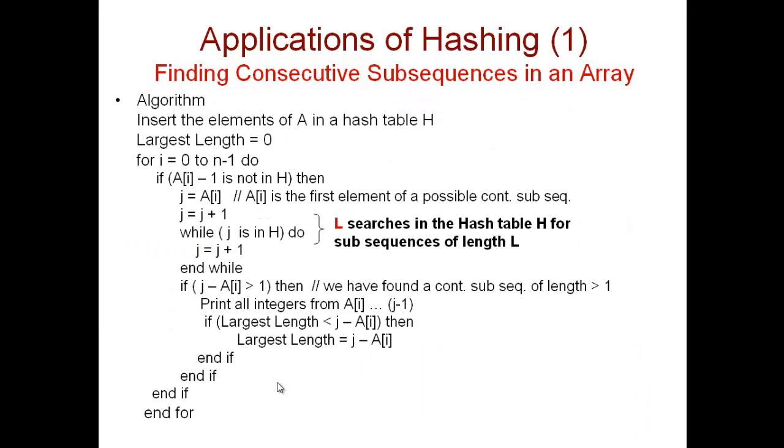So since 35 is there, 36 cannot be the first element, so we don't process anything further with 36. That's why this if starts here with a of i minus 1 not in the hash table. In this case, a of i minus 1 is in the hash table, so we don't do anything else with this a of i. Continue to the next i, which is 1, so in this case 41. 41 minus 1 is 40.